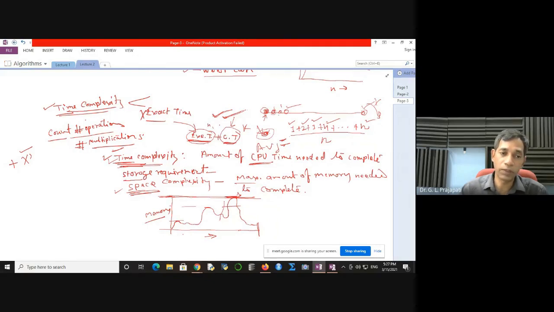Similarly, when you go for the storage analysis, you just require how many elements you need to store, and what storage is needed on behalf of your input. So sometimes elements are there and you need memory for the n elements.